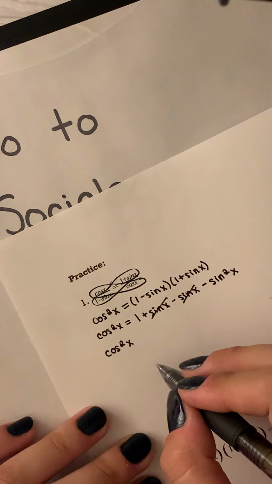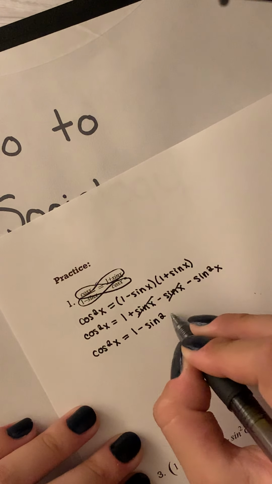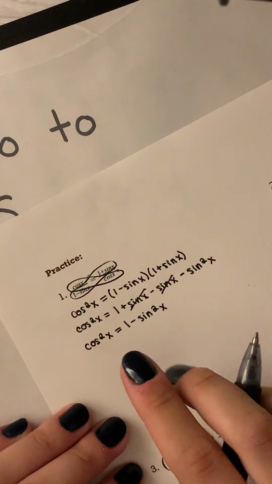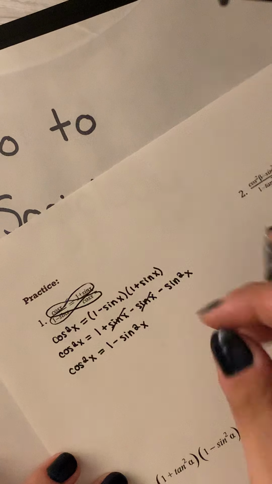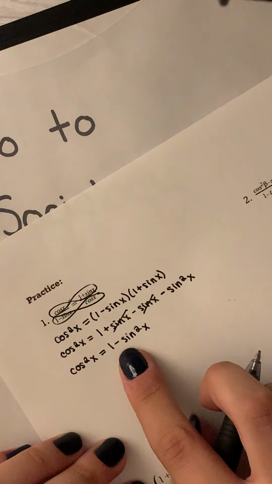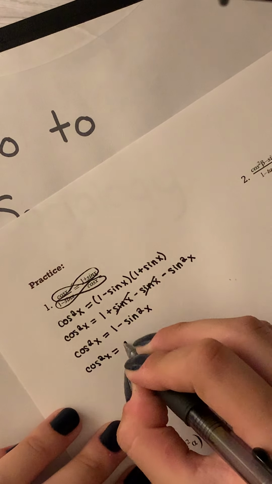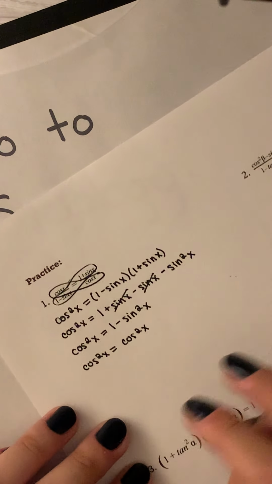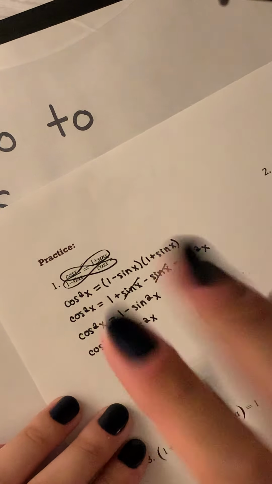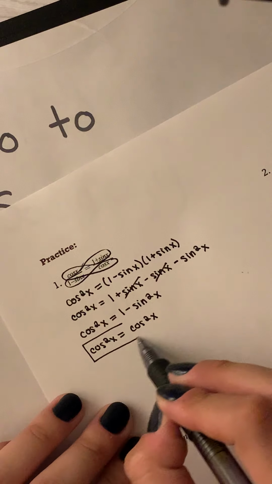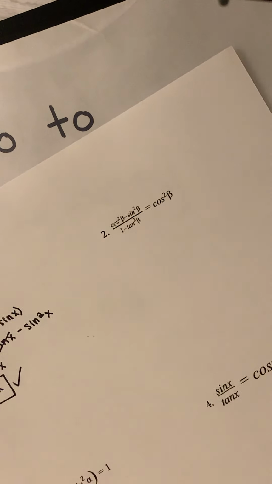So we're left with cosine squared x is equal to 1 minus sine squared x, and aha! Because we know our identities, we can see that 1 minus sine squared x is our Pythagorean identity, and we know that that's going to be cosine squared x because we subtracted over our sine squared x and left our cosine squared x all on its own. So that one is done.